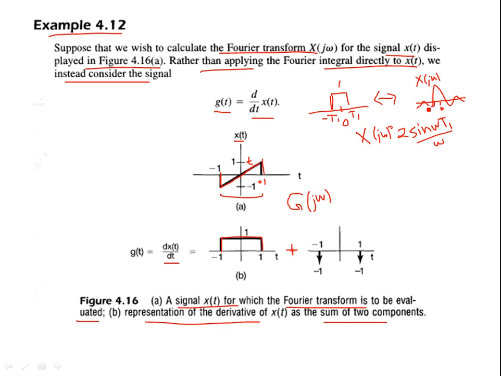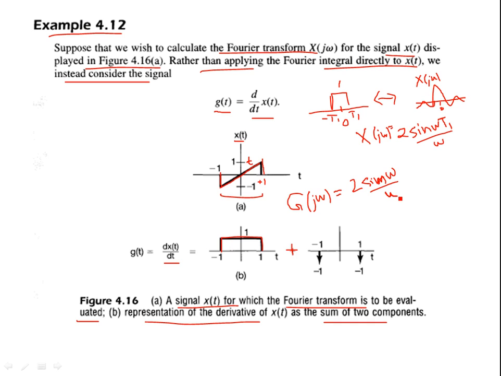If you relate this Fourier pair to the first rectangular signal as the first decomposition of the derivative of x(t), you can write G(ω) as twice sine of ω divided by ω.